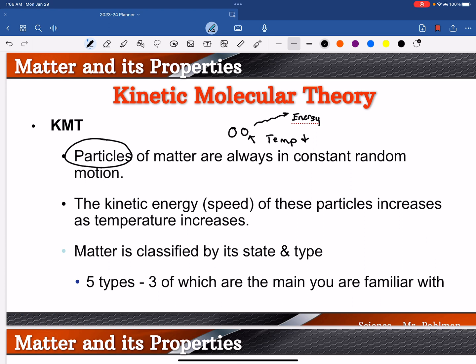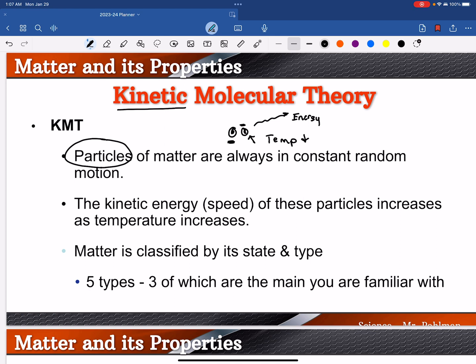Now, theoretically, if we could reduce the energy enough, we would stop particle motion. These two little atoms would no longer move around, but there's always going to be some residual motion. But the idea that I'm talking about here is particles in motion, kinetic molecular theory.